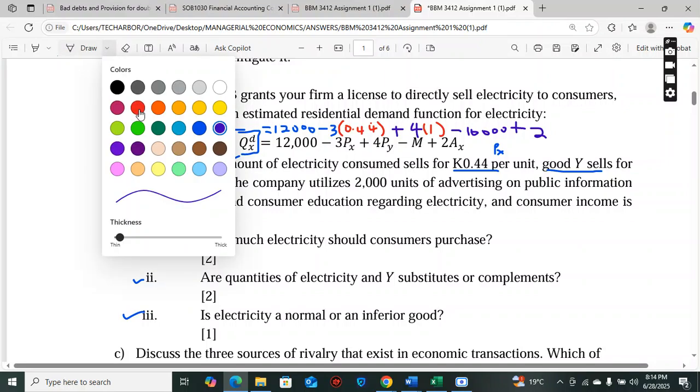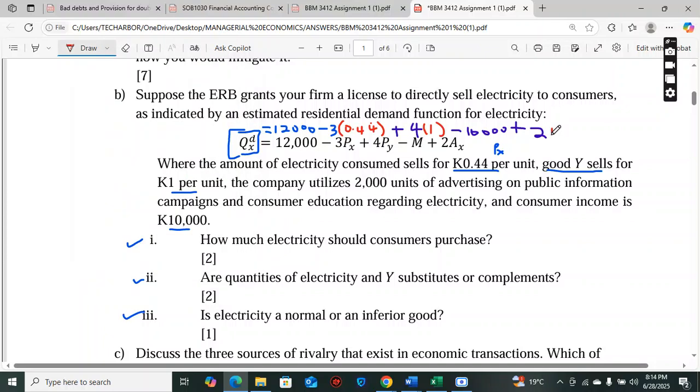So, madam, just use your calculator. What values do we get here when we substitute? What is the final answer? Are you there, madam?